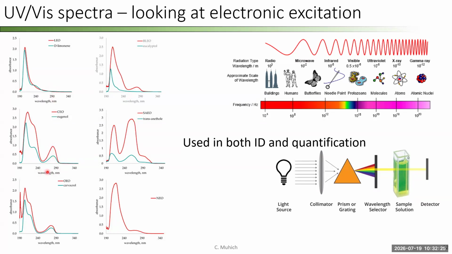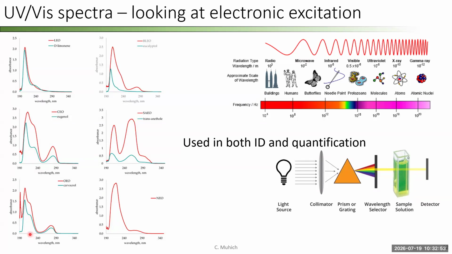So right, we can start distinguishing these molecules one against each other, right? And even though the eugenol and the carvacrol look similar, if we go down, this shoulder sits close to 240 nanometers, whereas this shoulder sits much closer down to maybe 210, right?